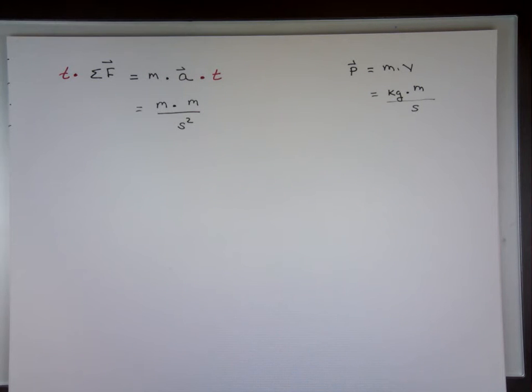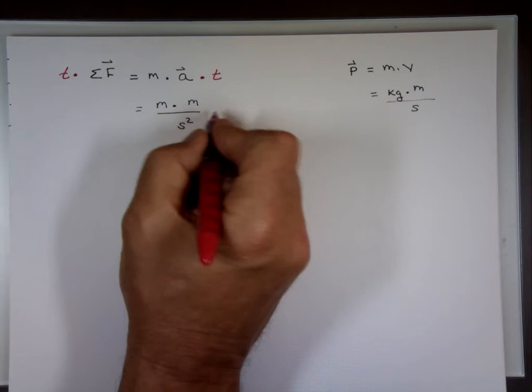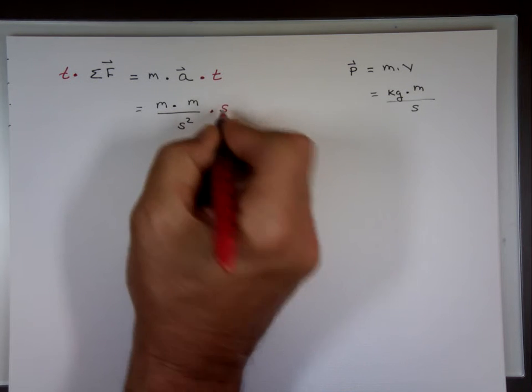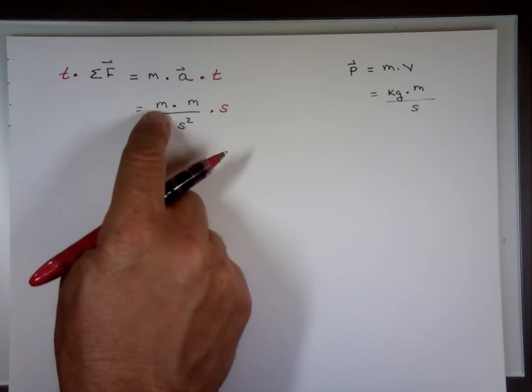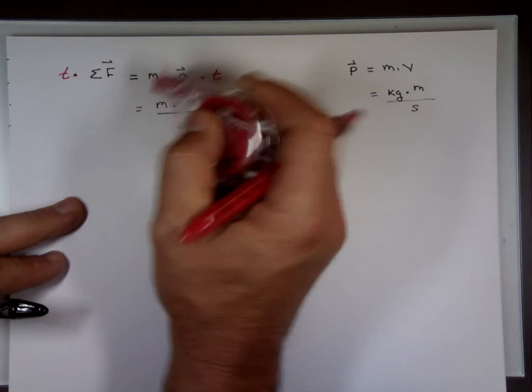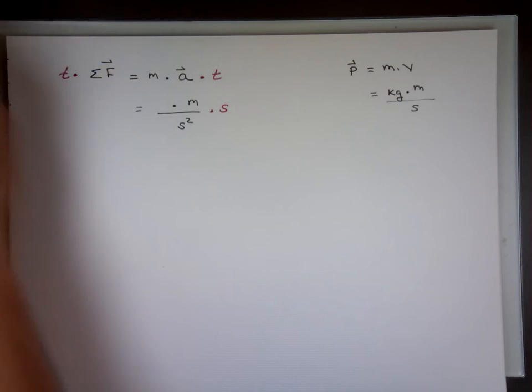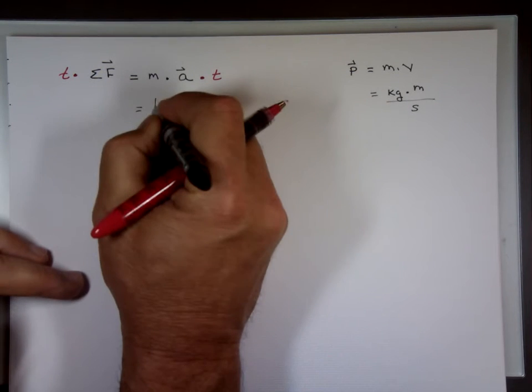Why do you think I'm multiplying this side by t? What's the reasoning behind it? Well, what is the unit for t? Second. Mass is kilogram here, right? This is kilogram. Looking at the m here. I wrote m for mass, but the unit is kilogram. Now let's play with the units here.